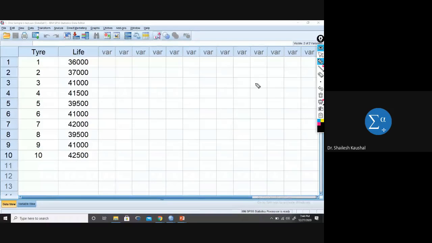Now look, in this case study, the manufacturer is claiming that my tire will run 40,000 kilometers. So the null hypothesis is that the population mean is 40,000. The alternate hypothesis is that mu does not equal the sample mean.